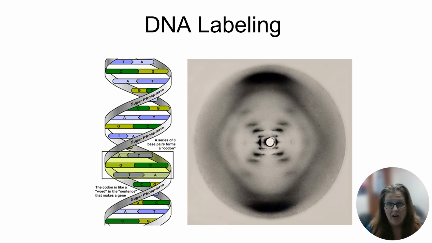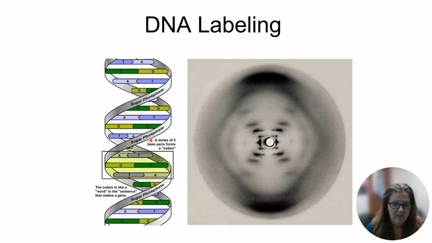So first, before I do anything, I want to point out this picture. We have DNA on one side, and this picture over here is that Photo 51 I was talking about that Rosalind Franklin took that helped to determine the twisted ladder, double helix structure of DNA.